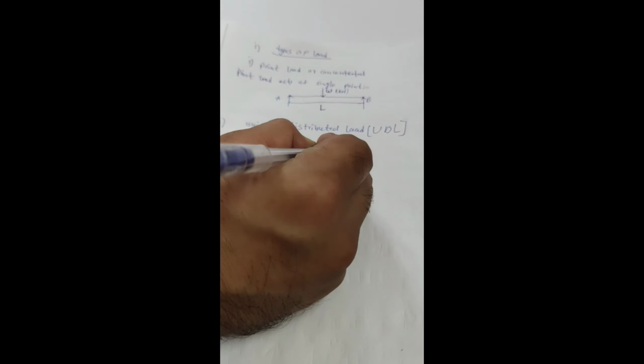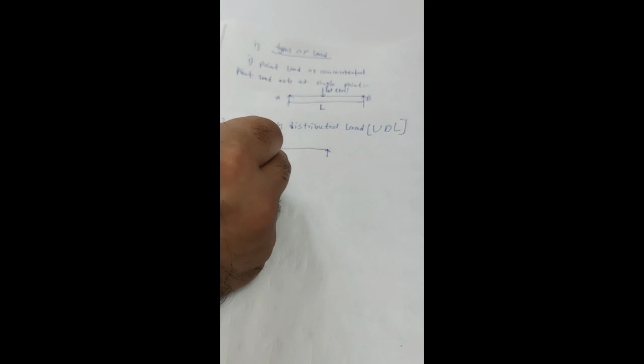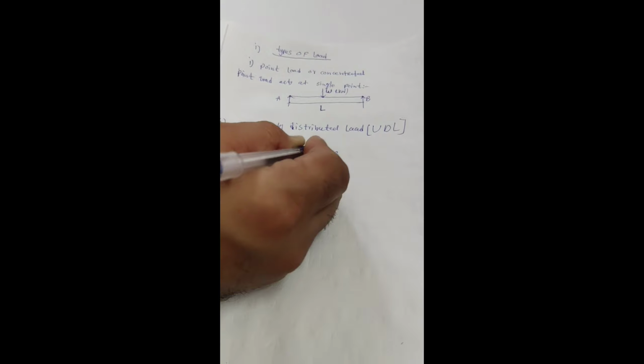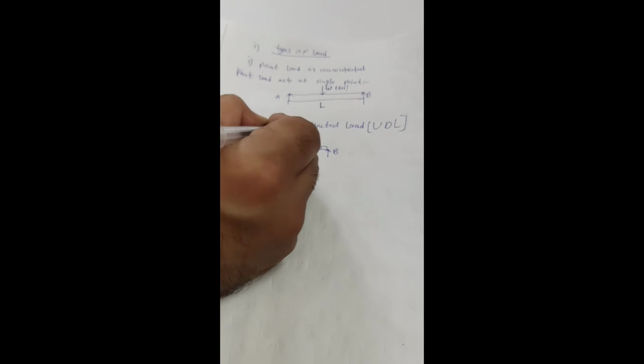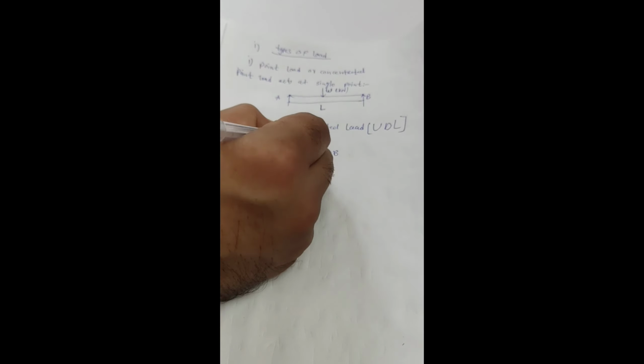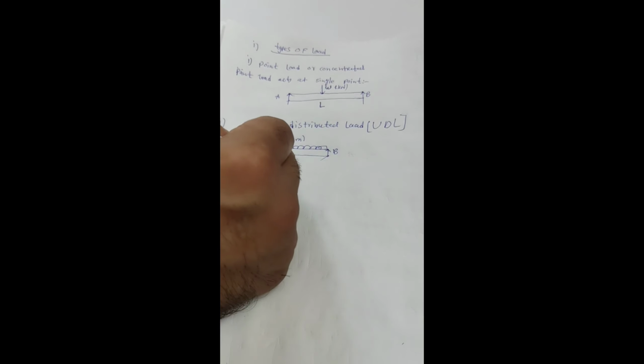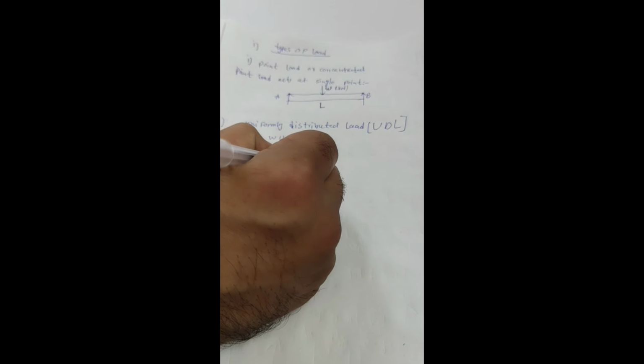Suppose I have a beam, A and B. The load is spread over the entire span, W kilonewton per meter. This length is known as the span or length.